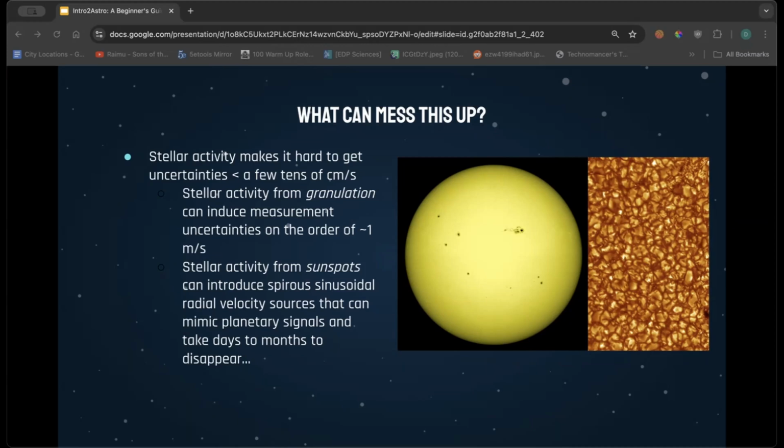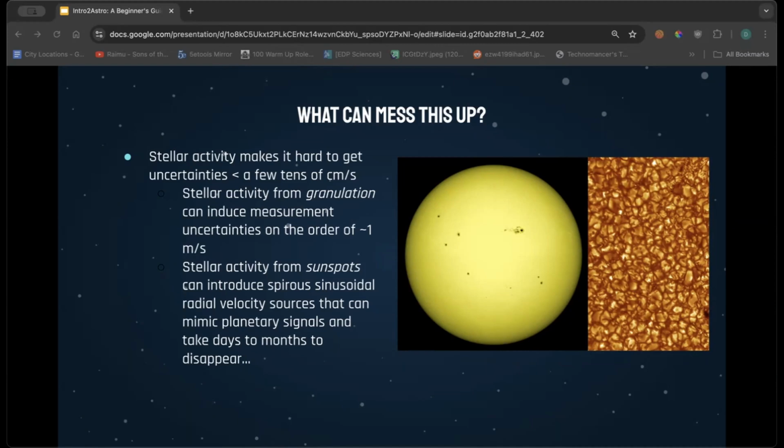And so that will mess up your measurements, because while the planet is trying to induce its own signal and cause everything that's emitting light in the star to move towards or away from you, everything in the star is moving towards or away from you on its own. And so this can induce variability in your measurements on the order of 1 meter per second, which is about the uncertainty that we're hitting right now.